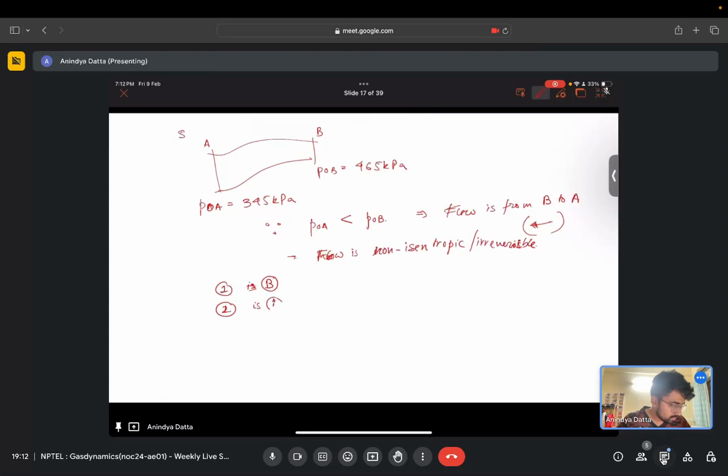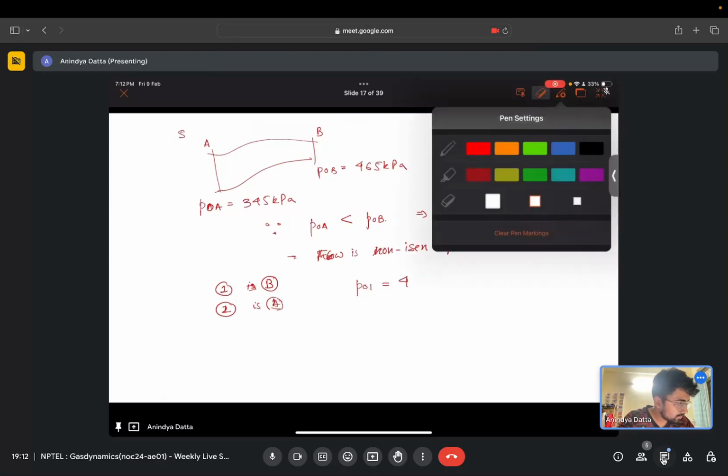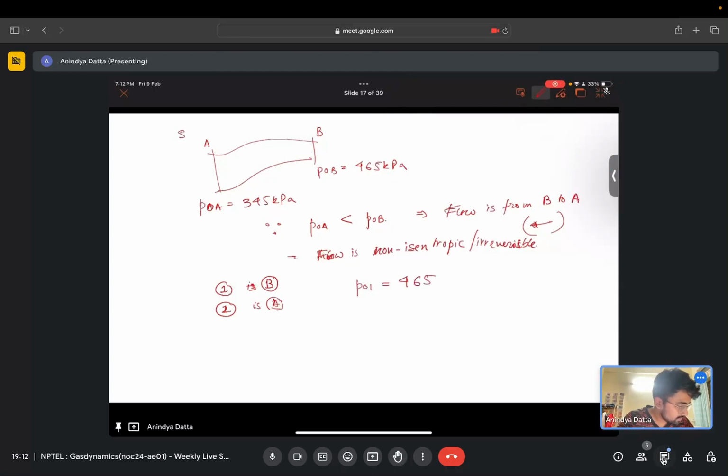My P01 is 465 kilopascal, and P02 is 345 kilopascal. Again, the flow is from 1 to 2.